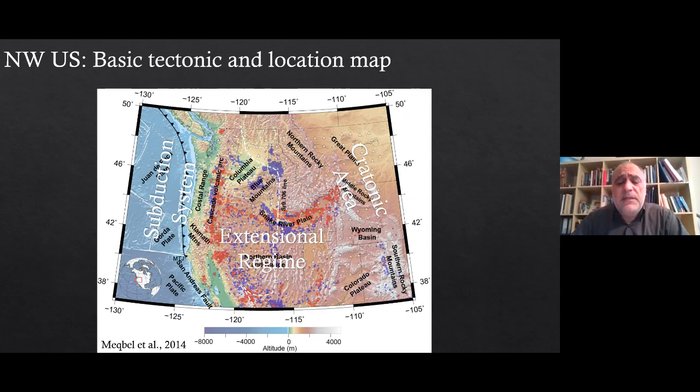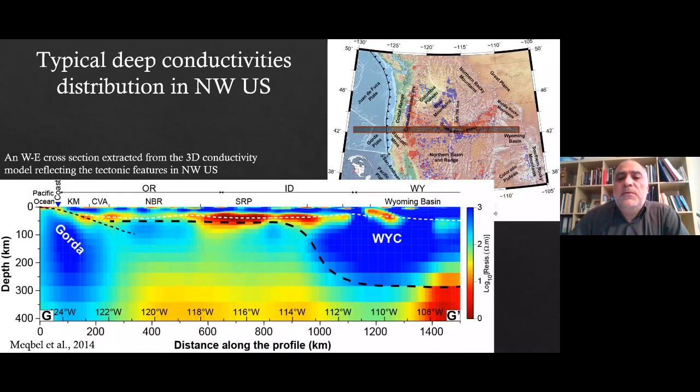Now, keeping this tectonic system, the three groups here, in mind, let's look at one of the cross sections extracted from the 3D model we have run over all the data. We are extracting only one cross section that goes from west to east.